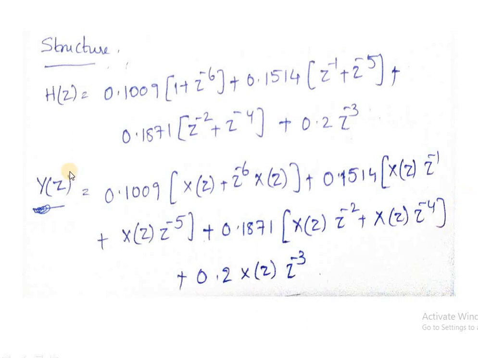And based upon this expression, now I would like to draw or realize the filter structure in a pretty direct way. This is also called a linear phase structure, and we shall go through this structure here.